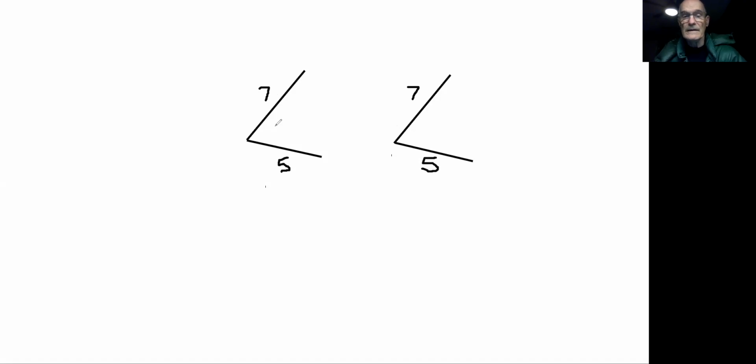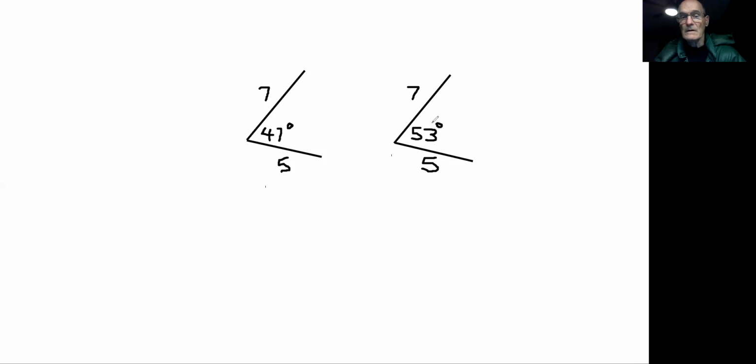Now, if we look at the included angles, so let's say this angle here is 47 degrees or something like that. So this is 47 degrees, and we'll make this angle 53 degrees.